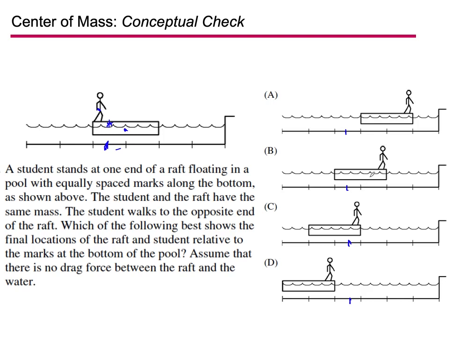Nope, nope. And the answer is, oh yeah, this one here. Why? The center of mass of the boat's here, center of mass of the person's here. Center of mass stays exactly where it was because there's no external force. The center of mass does not accelerate. It remains at exactly the same spot. And because they start out at rest, it stays at rest with no change of velocity.